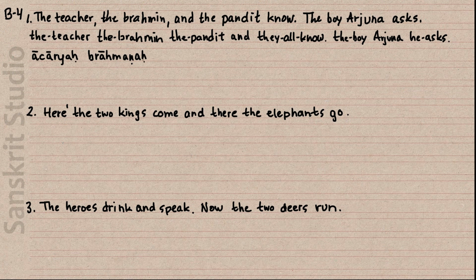Brahmana. And then we have Pandita. Pan, and here we have 2 retroflex, a retroflex N and a retroflex D, and we have a visarga as usual for the singular nominative. Pandita. Okay, cha.